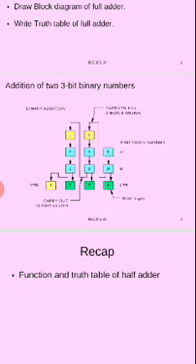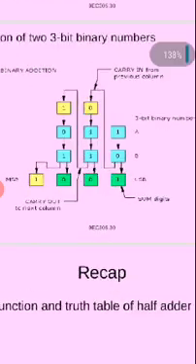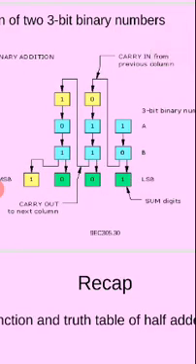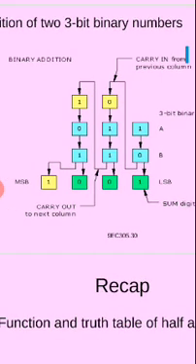Here addition of two 3-bit binary numbers is shown in the figure. We are adding 3 bits. See, observe here, it is a binary addition.